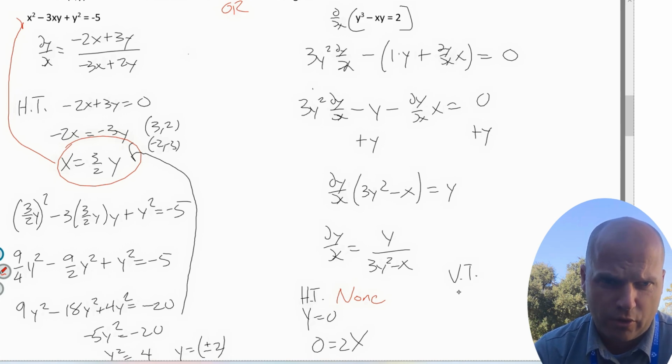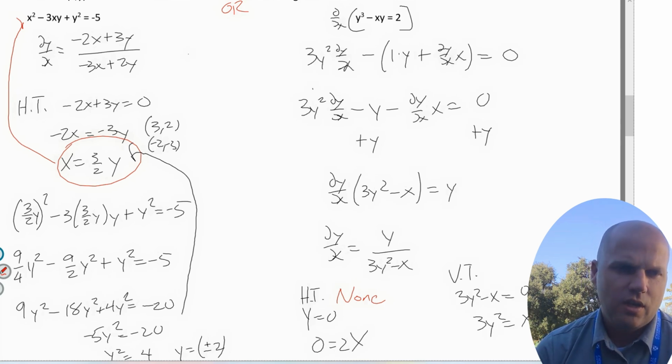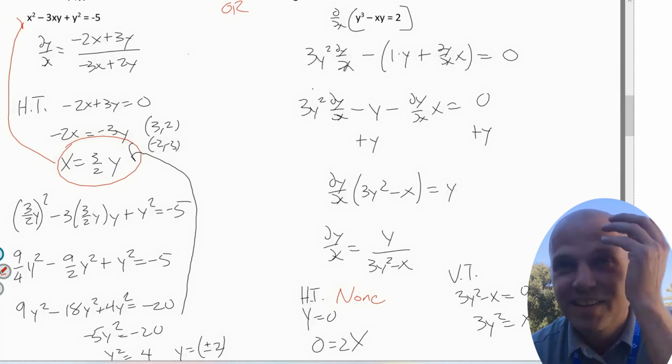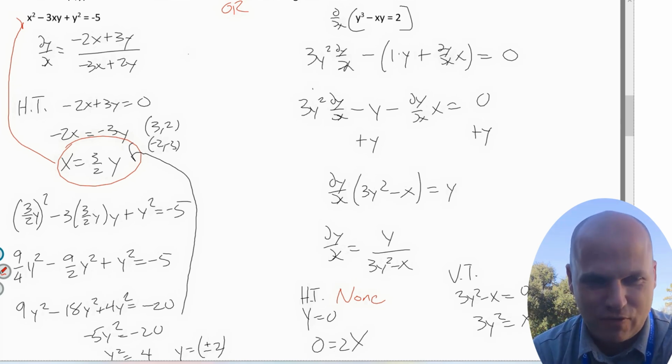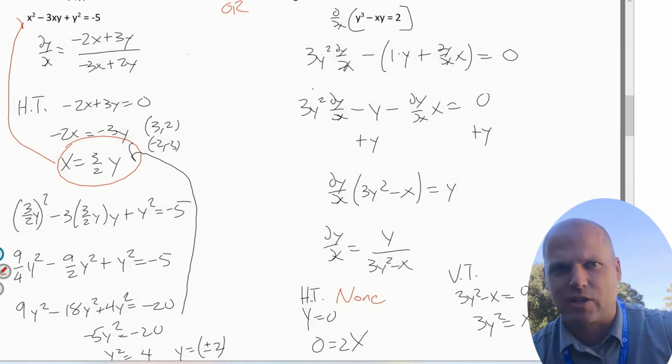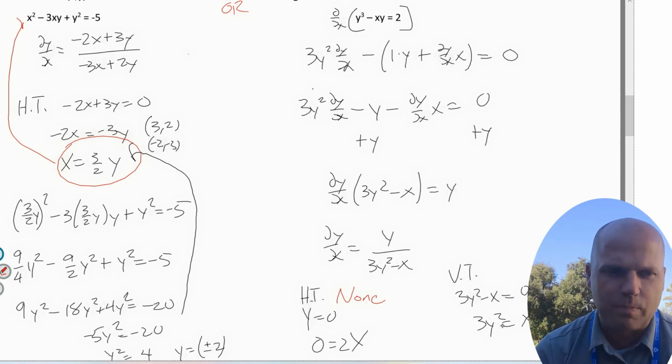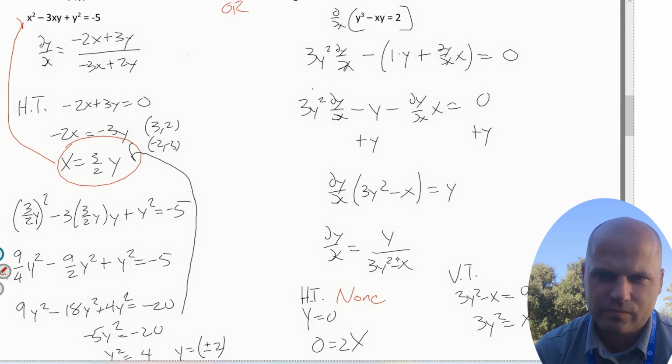Vertical tangents are going to be when 3y squared minus x equals 0. Here's a great example, guys. There's so much noise going on. It's a great example of don't solve for y. I do not want to solve this for y and get a plus or minus square root. But it's so simple. X equals 3y squared.